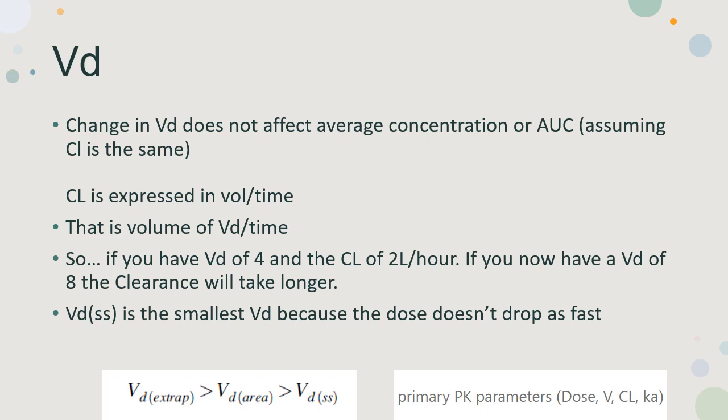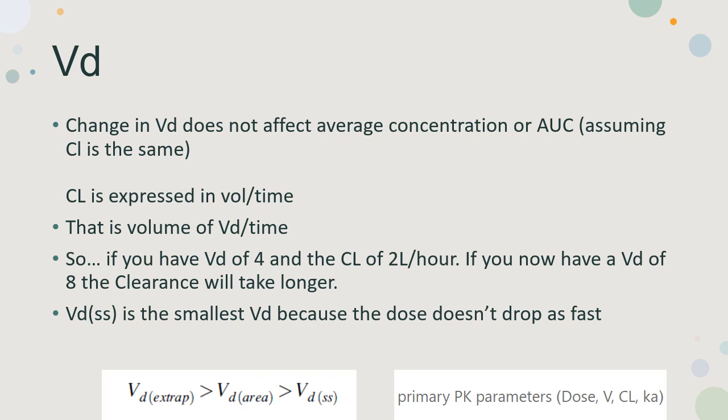Change in volume of distribution does not affect the average concentration or AUC, assuming the clearance is the same. Once you have volume of distribution, now you can understand clearance. Clearance is in volume per time. So it might be, let's say, 2 liters an hour.